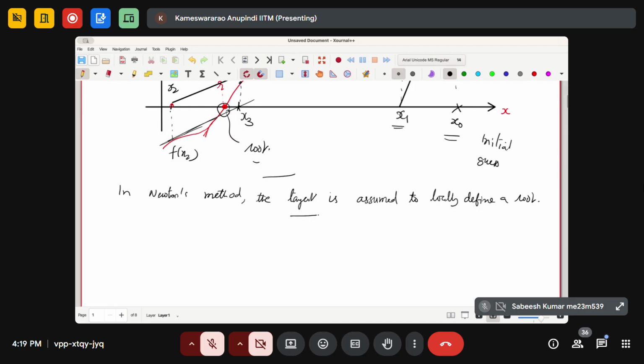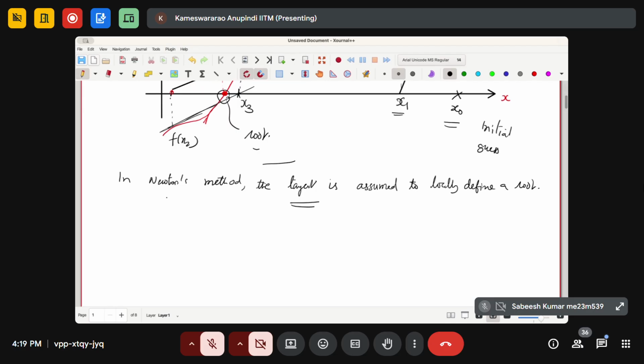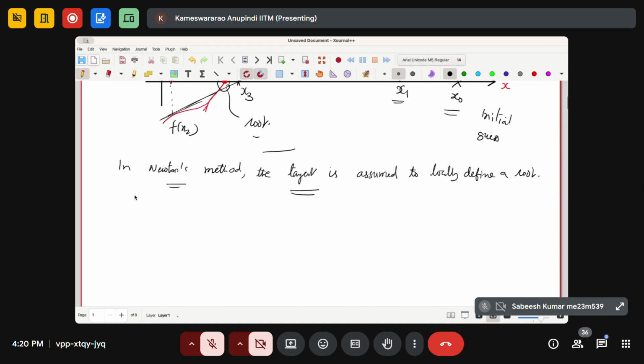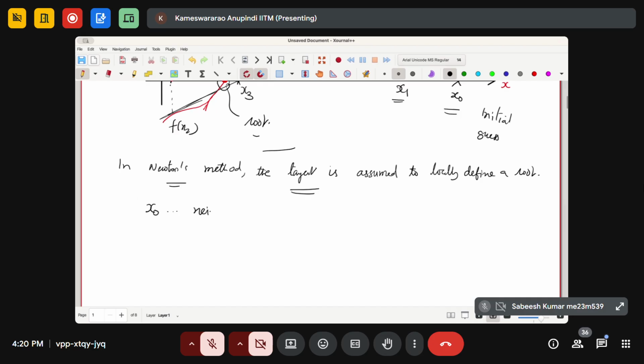That means we are using the tangent function instead of the given function itself, okay, to determine the root. That means what we are saying is that in the neighborhood of x naught, the function f of x is represented very closely with the tangent.